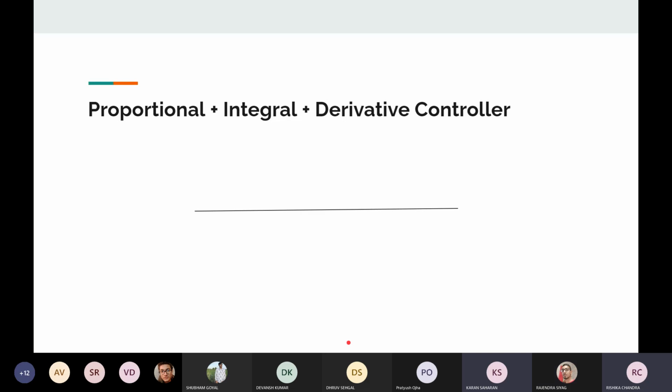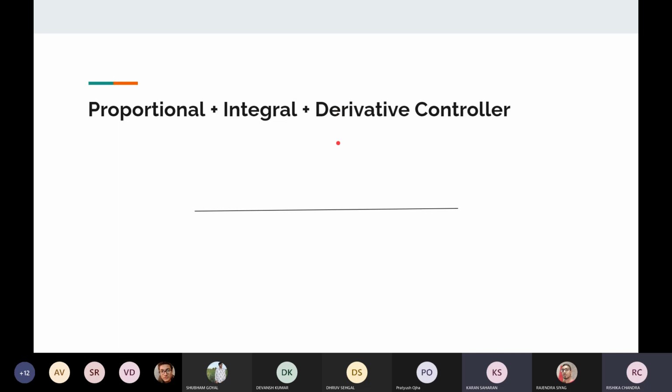The difference between the desired height and the ground is your error. That multiplied with Kp gives the output of the proportional controller, so it will kind of overshoot.